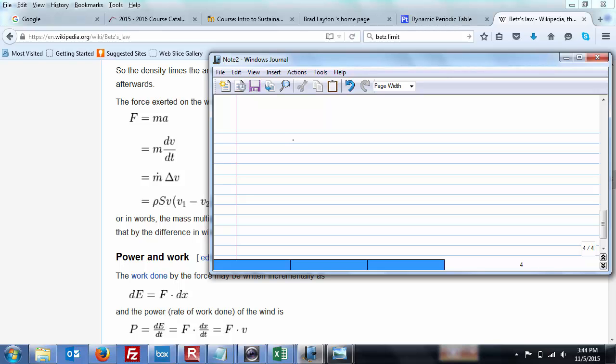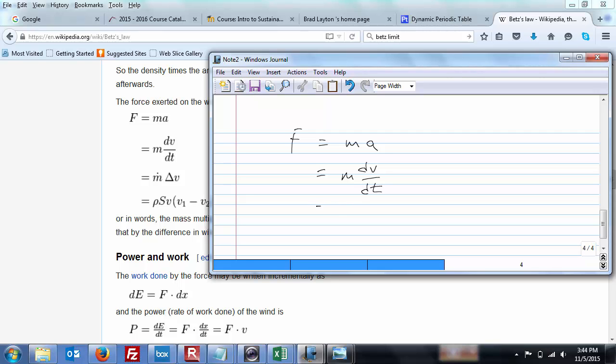F equals ma. Now acceleration is the same as the change in velocity over the change in time. The little trick that he uses here is, instead of saying that the velocity is changing with time, it's the mass that's changing with time, like how much mass is flowing through the thing.